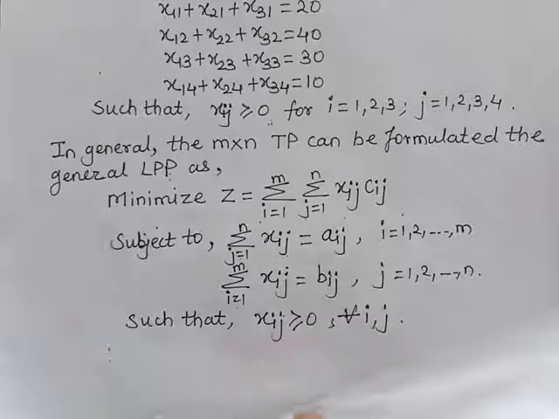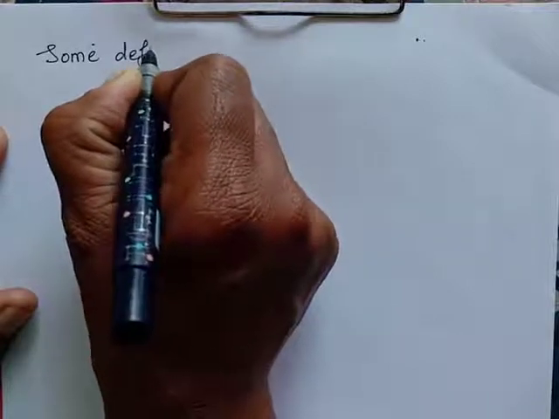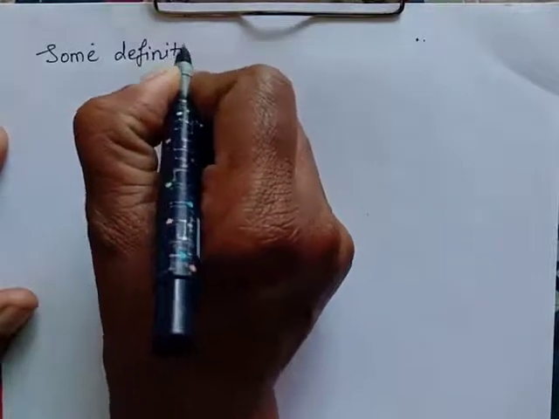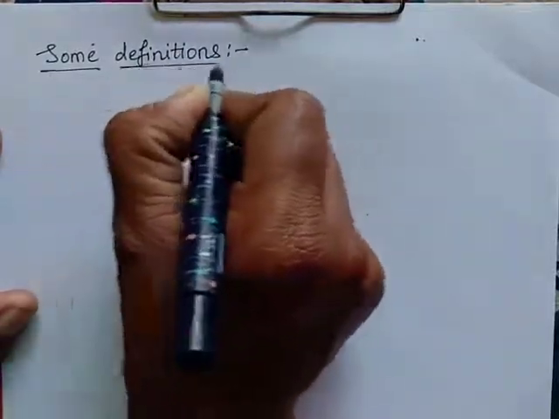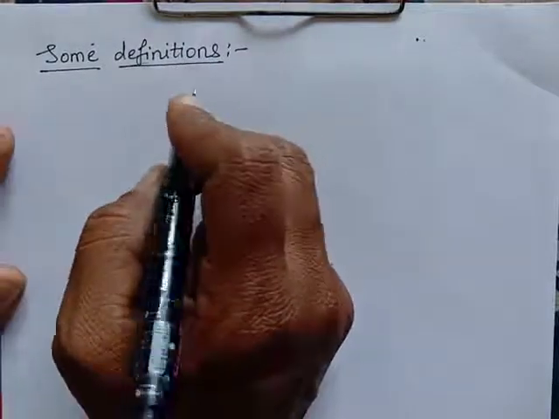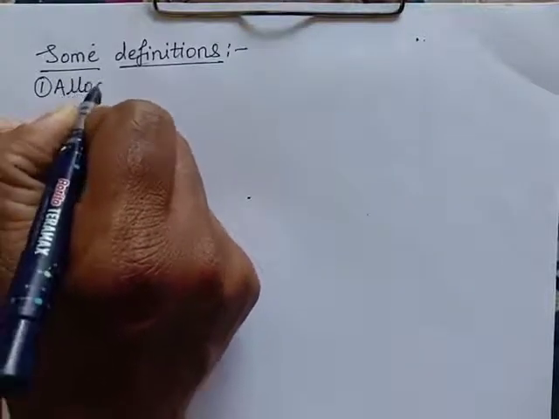Now let's see some important definitions. First definition is of allocations.